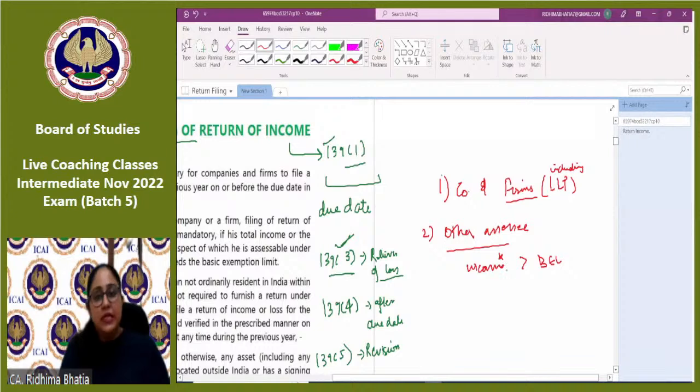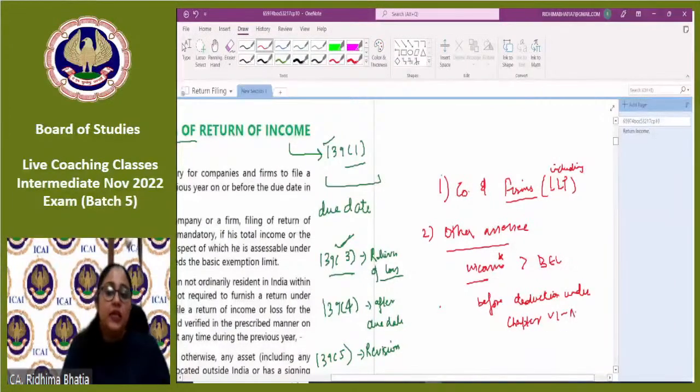What is this income? Whether it is gross total income, net total income, or what? So a clarification has been given. Here we have the provision stating that this income would be the income before deductions under chapter 6A. Chapter 6A means what you just studied, your 80C, 80D, 80TT, all of this. Before this, if your income is more than the basic exemption limit, yes, you are right, the taxability comes after the final income only, after taking the deductions.